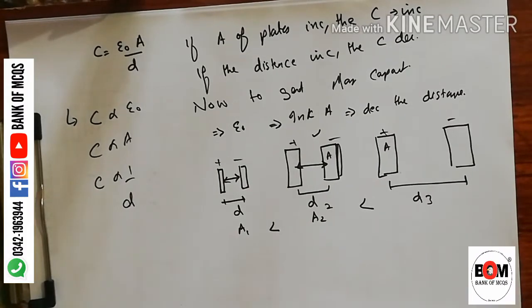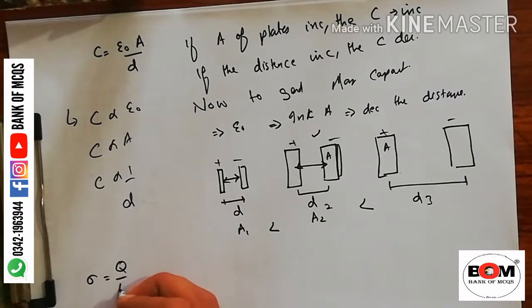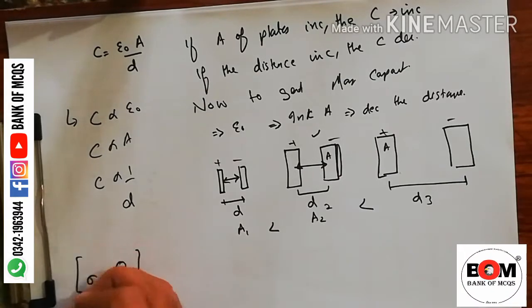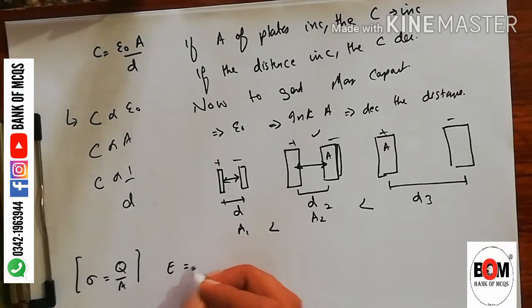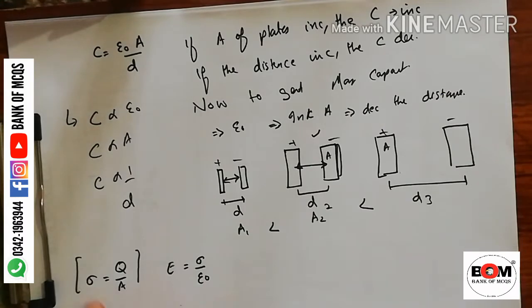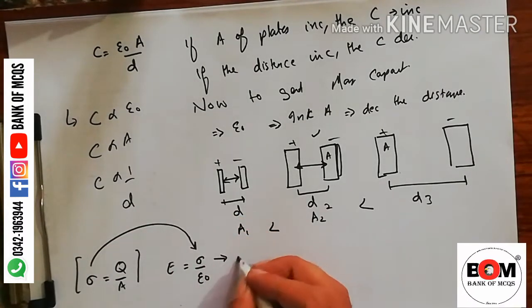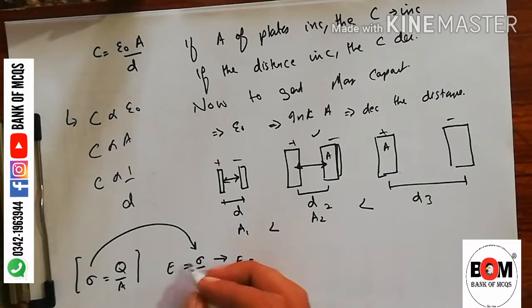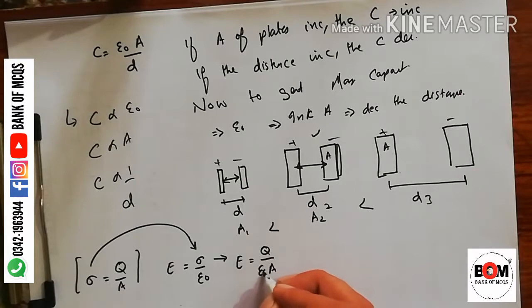Now to derive this equation is quite easy. We know that charge density rho is equal to Q by A. We also know by Gauss law that E is equal to rho divided by E naught. Now putting rho in this, we will get E is equal to Q divided by A E naught.